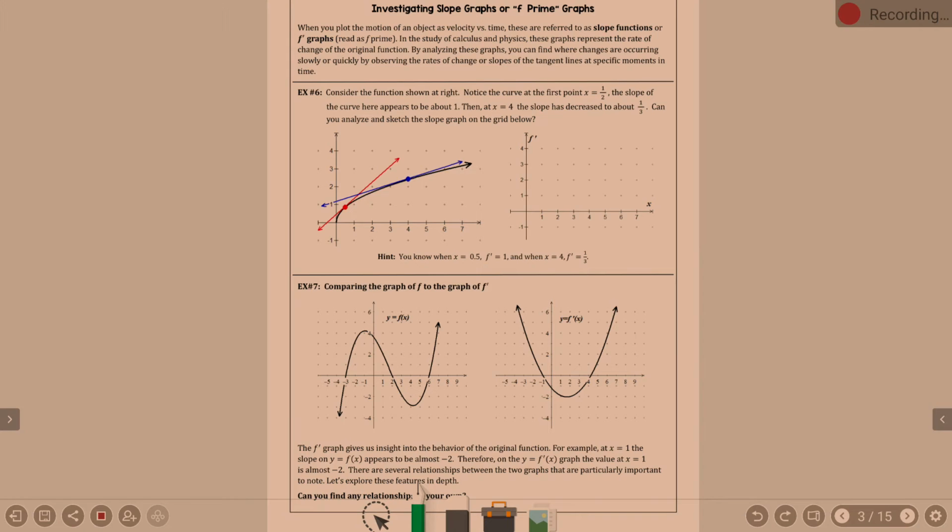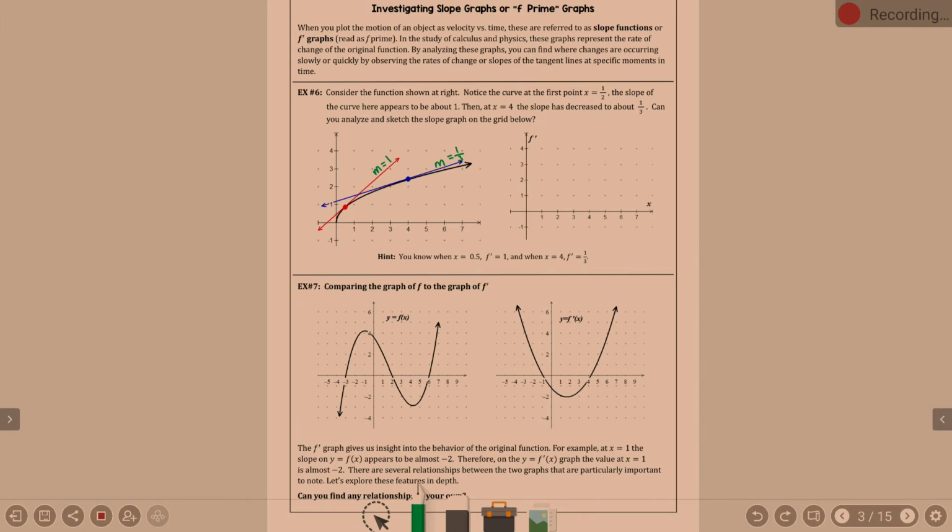Notice the curve on the red, the slope here appears to be about 1. Then at x equals 4, which is my blue line, the slope has decreased to about 1/3. Can you analyze and sketch the slope graph on the grid below?